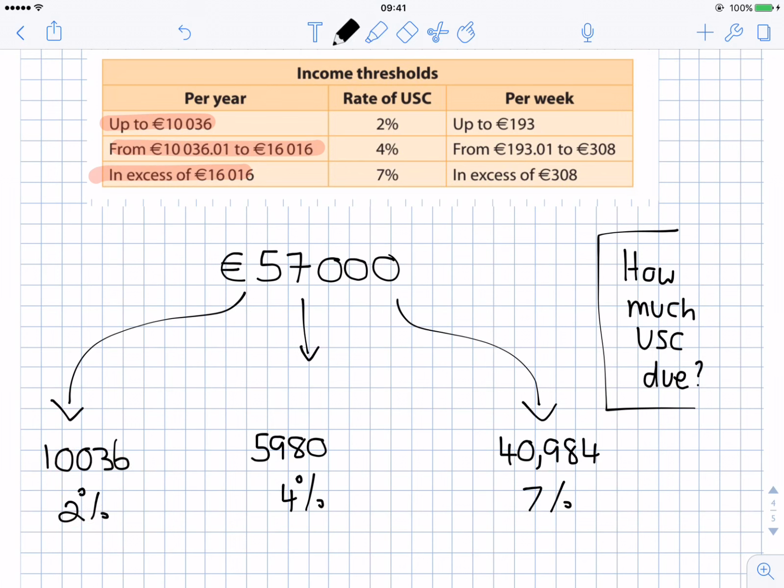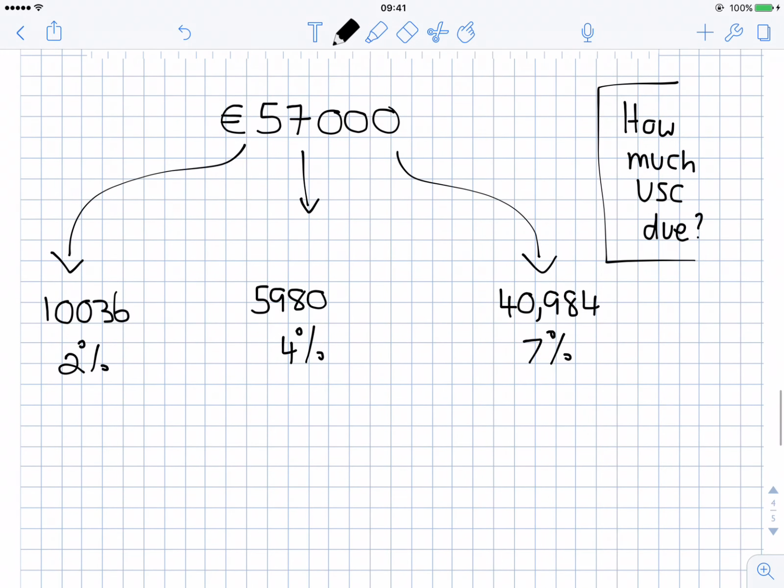So let's just calculate that. 2% of 10,036 on your calculator, that's 10,036 multiplied by 0.02. 2% is 2 over 100, which as a decimal is 0.02. So that's going to come in at €200.72.